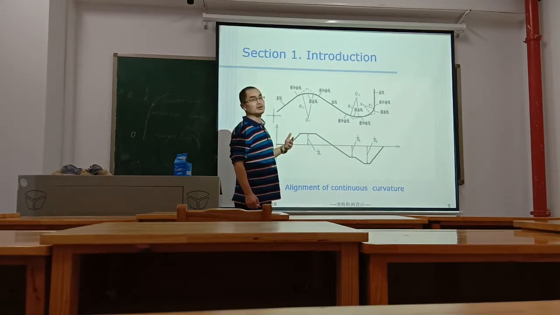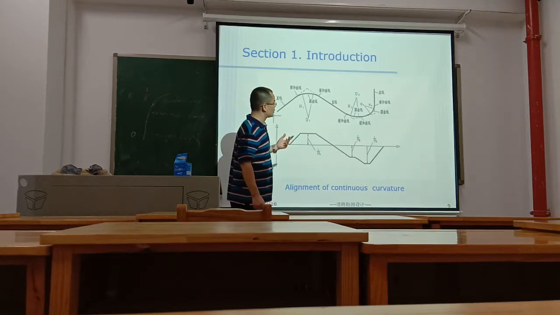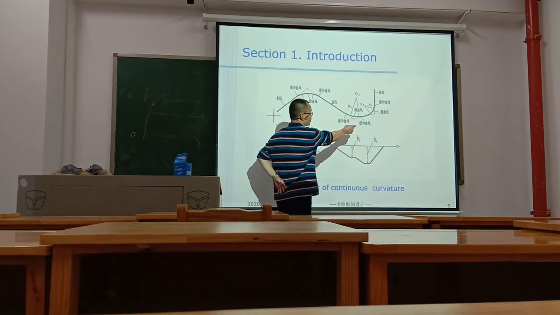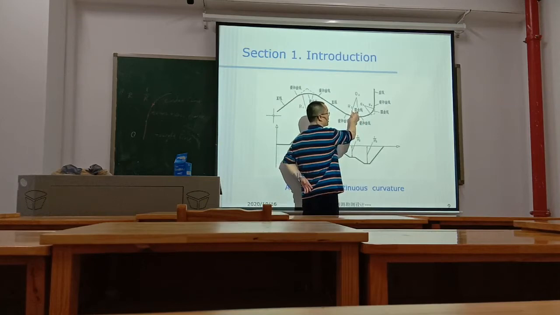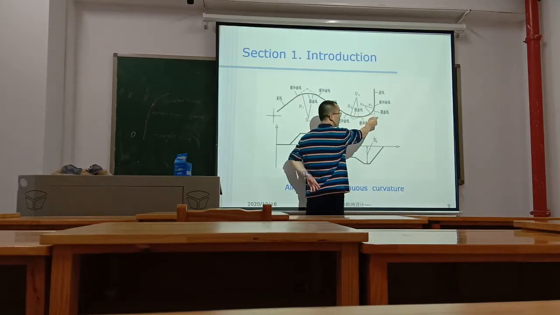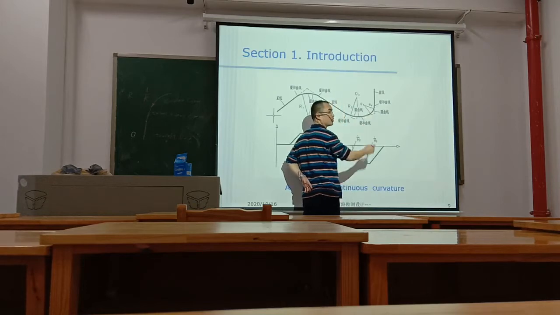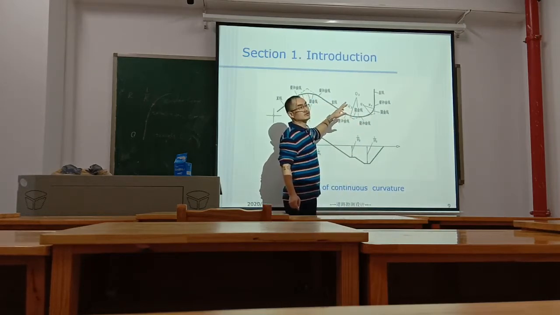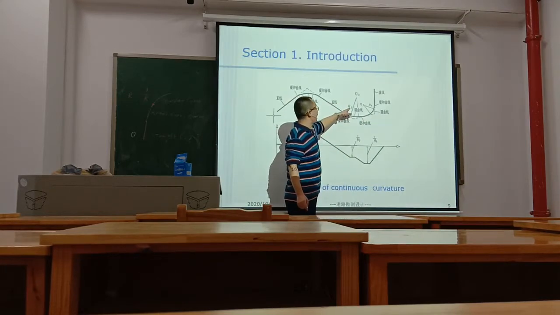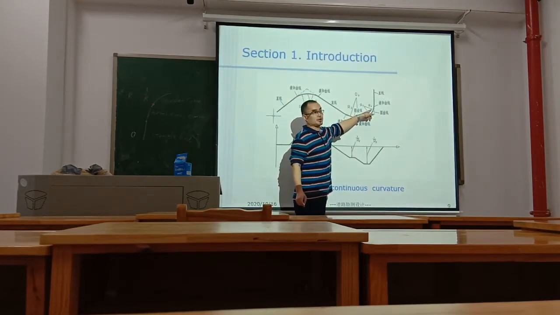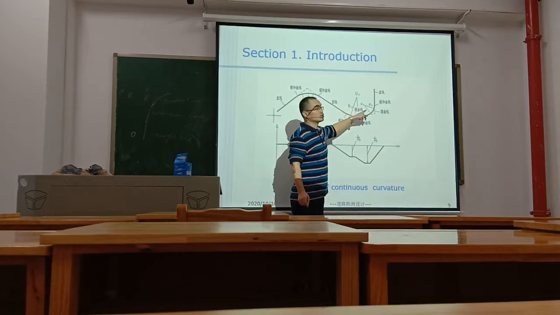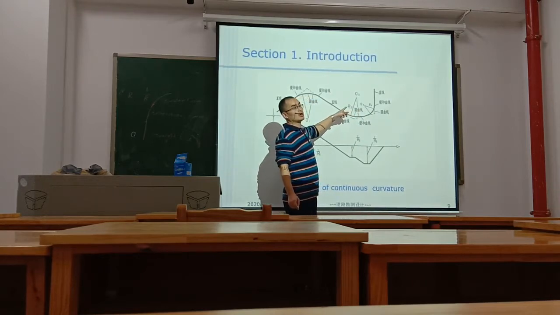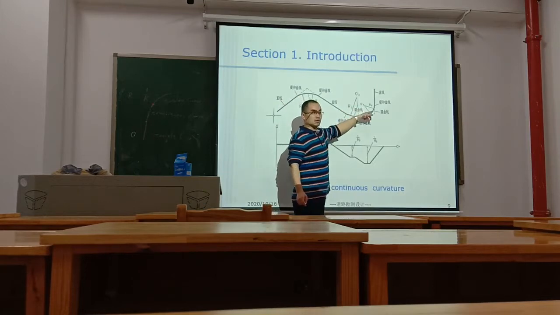There is a transition curve between one circular curve and the other circular curve. The two circular curves have different radii, R2 and R3. R2 is not equal to R3.